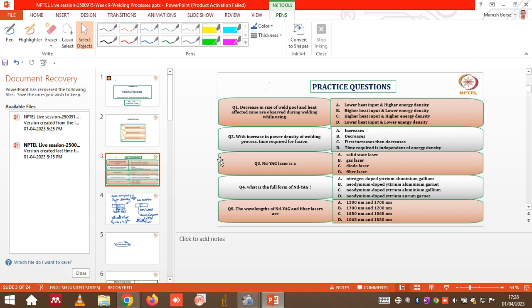Okay. So in that way we can say that the size of the weld pool and heat affected zone decrease during welding.